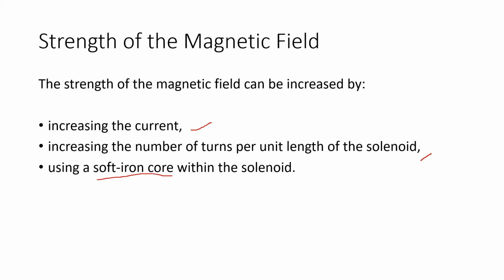A solenoid is in cylindrical shape and the center is empty. So when we insert a soft iron core inside the solenoid, the magnetic field will be stronger.